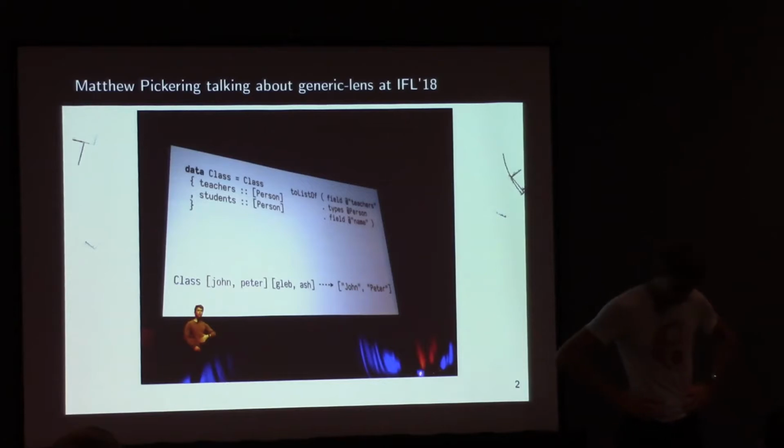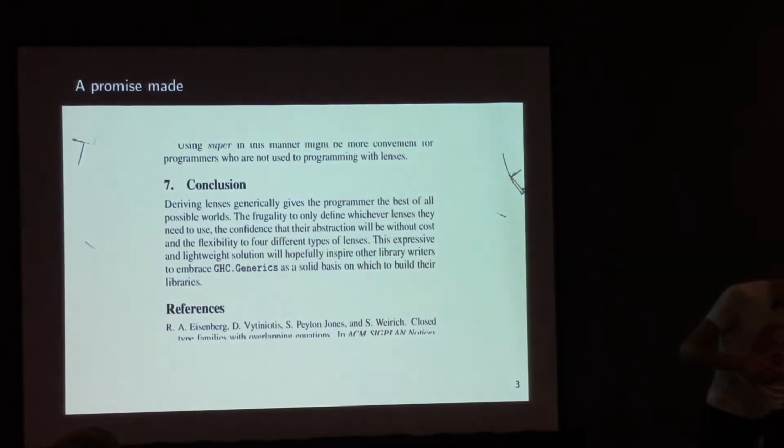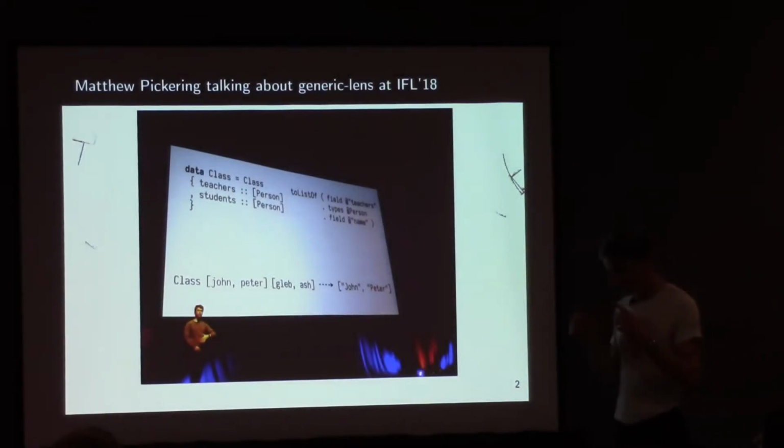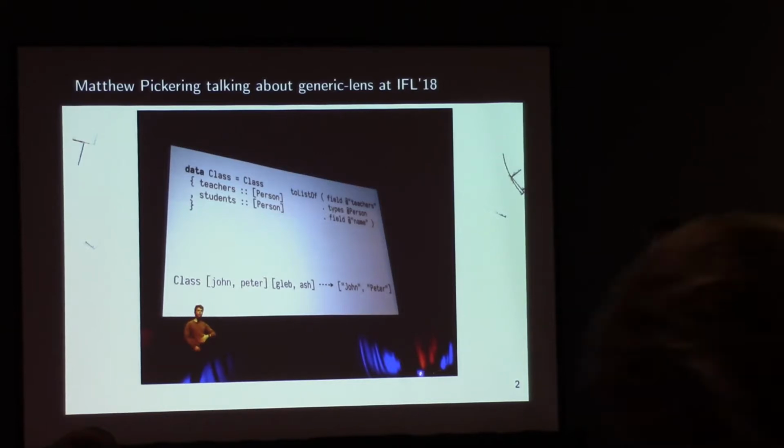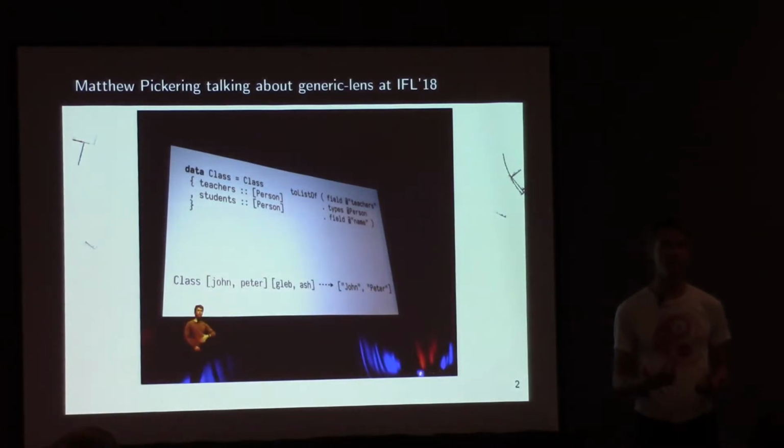So what is generic lens? I assume most of you know what lenses are, and if not, I'm sure you can tag along with an idea. They created this library to create a lens out of thin air whenever you need it, using generic programming and type delimitation.